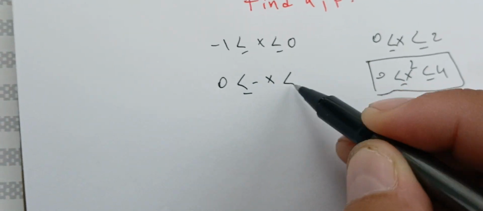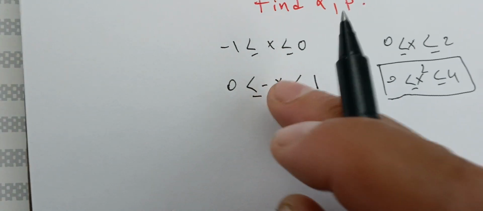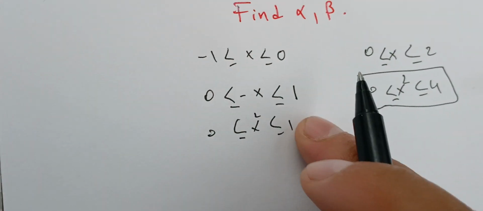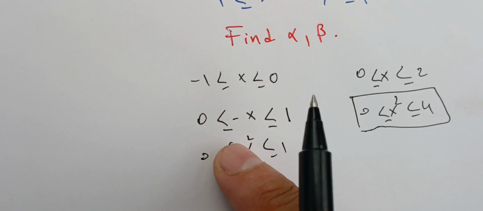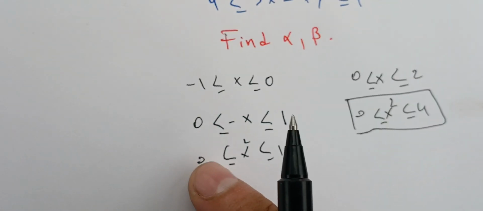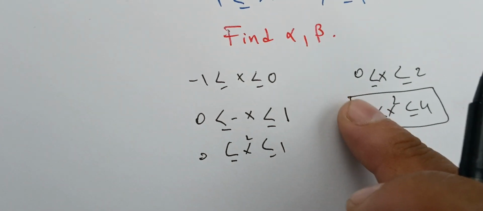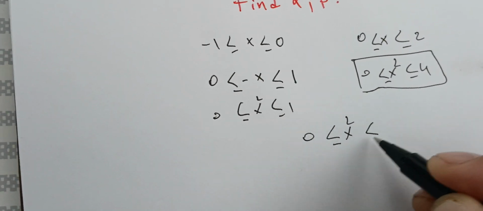We have minus x is between 0 and 1, and we can square here again, and we get x squared is between 0 and 1. Therefore, for both cases, x squared is going to be either between 0 and 1 or 0 and 4. But this case is already in here. Therefore, x squared is between 0 and 4.